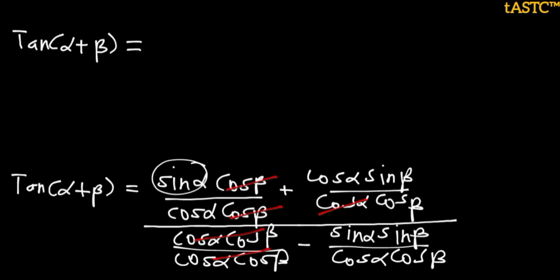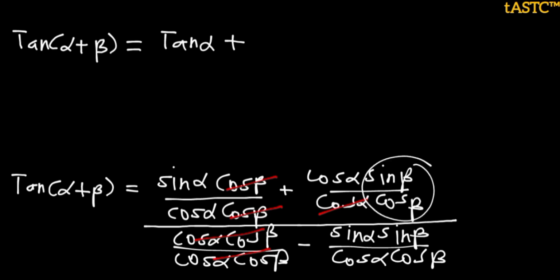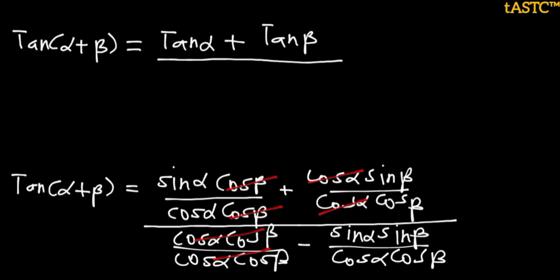Now if you have sine divided by cos, that should give you tan. So that will be tan alpha. Now if you have sine beta divided by cos beta, that should give you tan beta. Notice that this cancelled out with this, so we're going to have it divided by 1, because this is going to give us a 1.